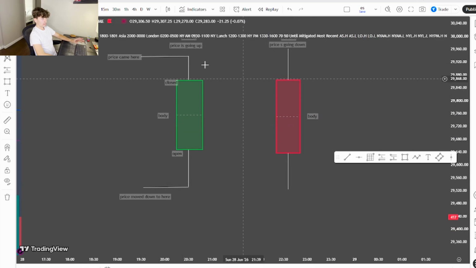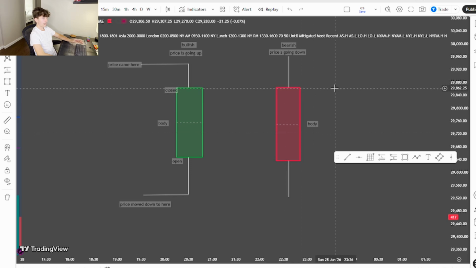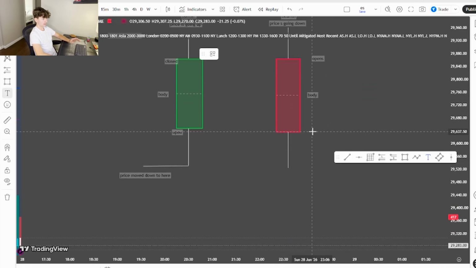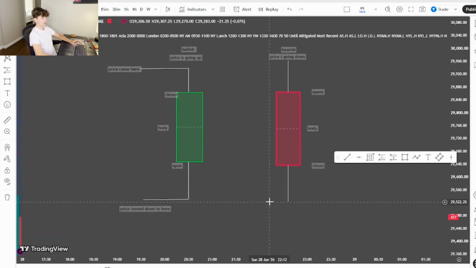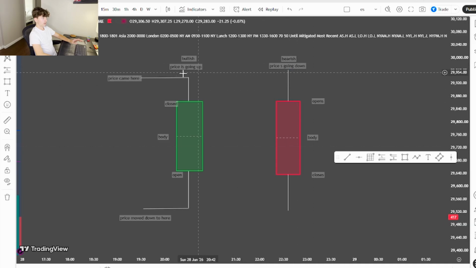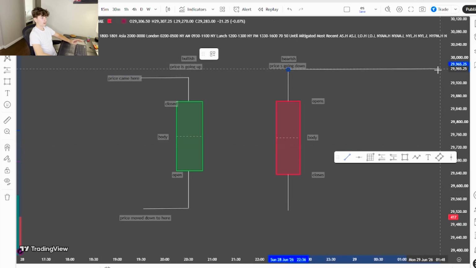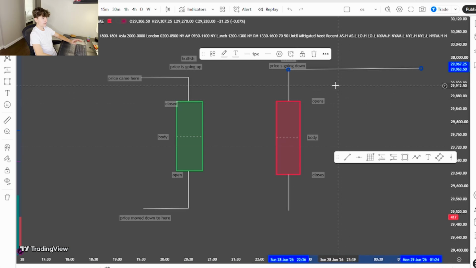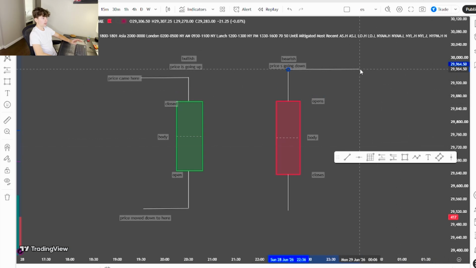Although on the bullish candlestick, we know that price opened at the bottom and closed at the top. On a bearish candlestick, when price is going down, that means that price opens right here at the top and price closes at the bottom. Again, with these wicks here, whenever price opened here, we know that price got all the way up to here.